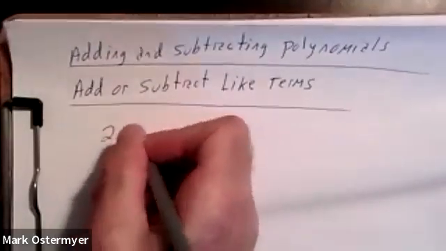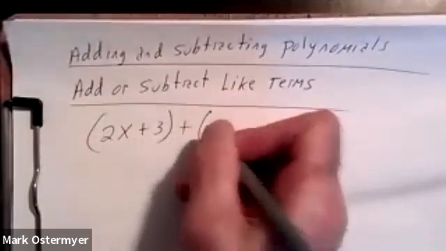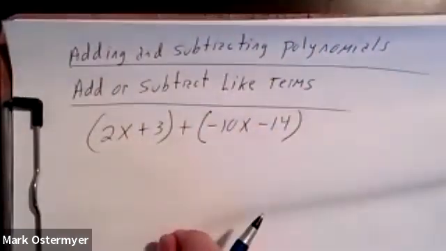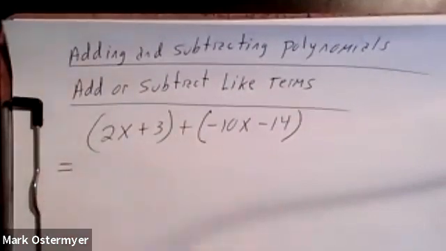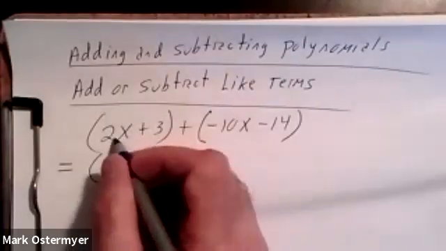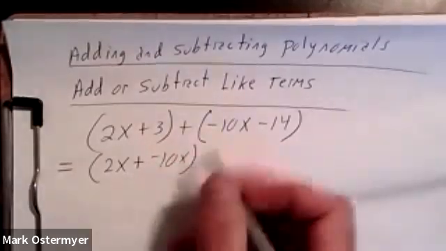Let's take this binomial, 2x plus 3, and to it, let's add this other binomial, which is negative 10x minus 14. So what is it that I can only add together here, ladies and gentlemen? I can add only the x's, so you can only add the 2x with the negative 10x. Those are like terms. And we can add our constant terms.